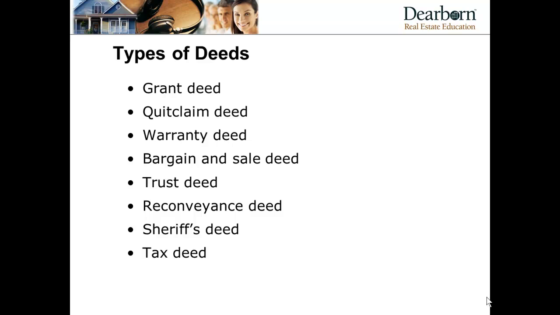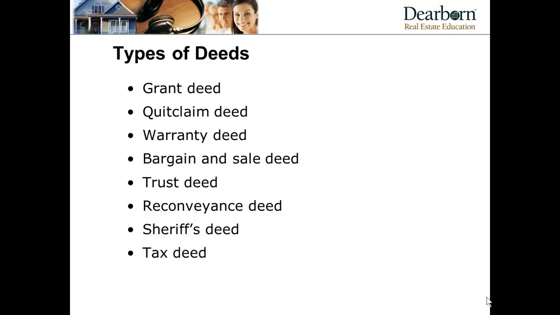Maybe it was owned by one spouse before, but the quitclaim deed says if there were any rights, those are transferred. The warranty deed, that was another type that's similar to the grant deed, but not typically used here. The bargain and sale deed, again, is a kind of a specialized one that's used in some areas, but typically you won't run into.